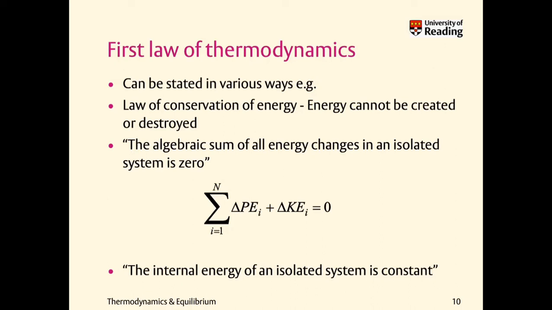Now, you can also define this concept from the point of view of the universe, where the law of conservation of energy means that you cannot create or destroy energy. You can only transform energy.